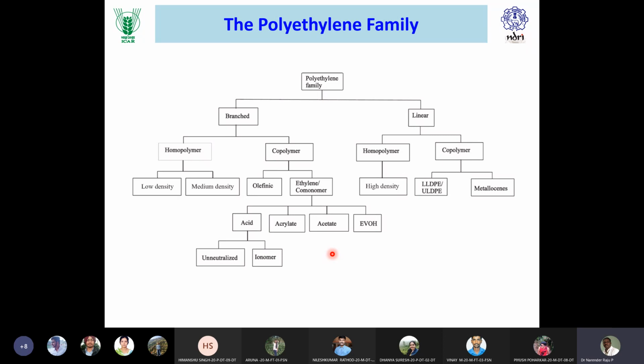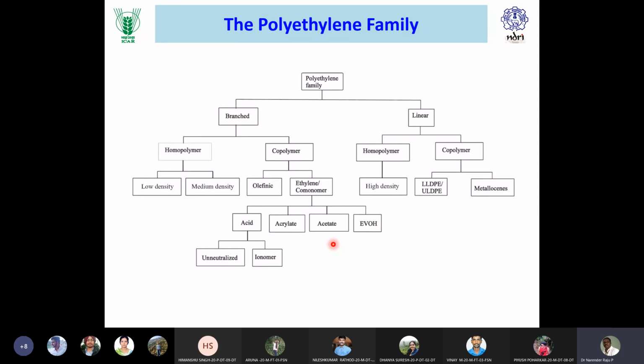The speciality of this ethylene vinyl acetate is that as the molecular weight increases, the viscosity, toughness, heat seal strength, hot tack, and flexibility all will increase. Now, you have just come to know a new word, that is hot tack.